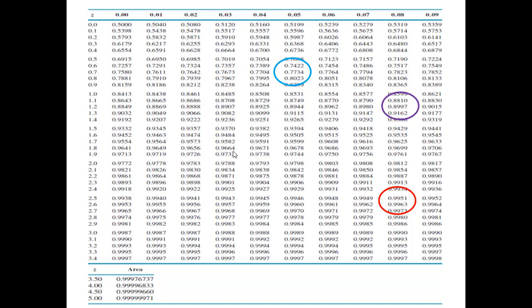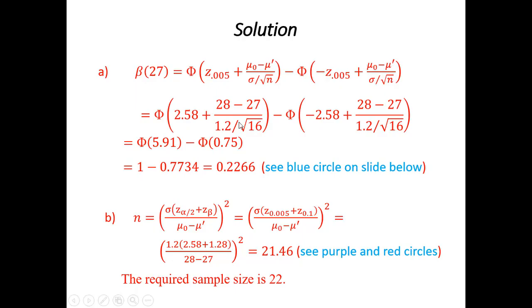So phi of 0.75, you can see we have this in the blue circle. So 0.75 right here. So we get 0.7734. That's where this number comes from. We do the subtraction, and we end up with a beta of 0.2266.